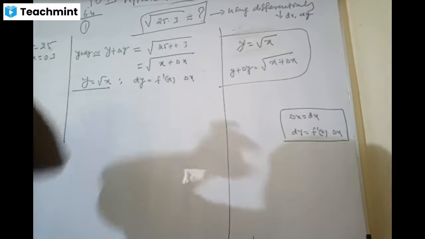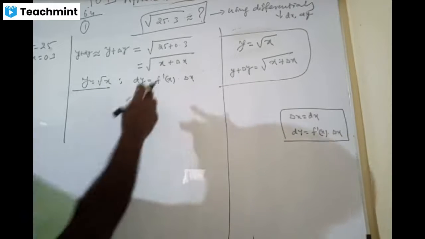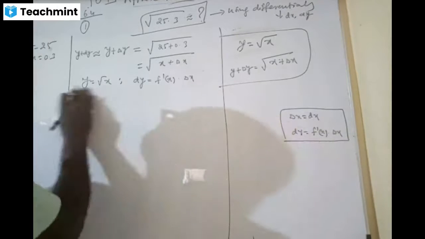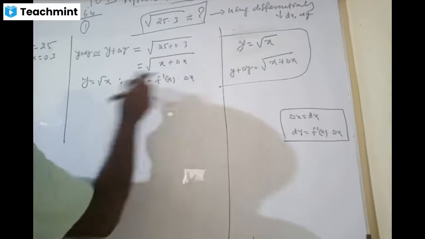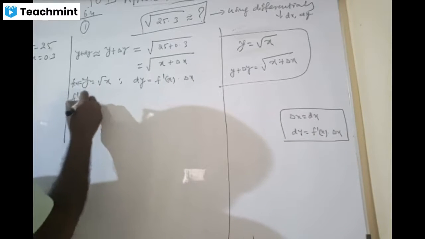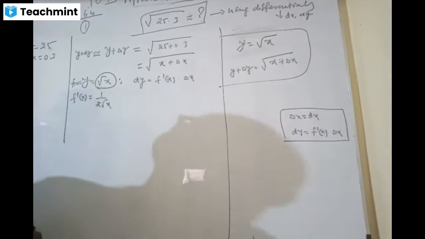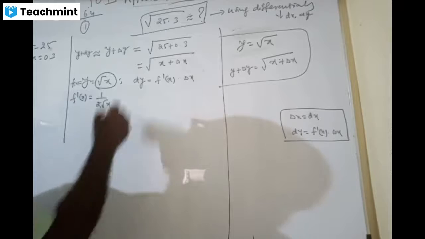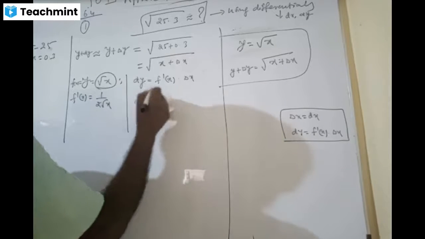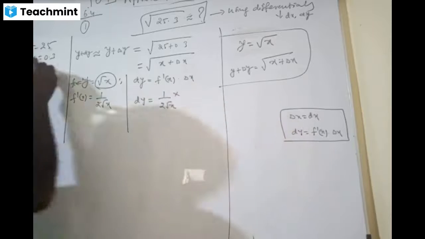See, y equals f of x. So f dash x equals what? The derivative of root x is 1 by 2 root x. And dy is nothing but f dash x, which means 1 by 2 root x. What about delta x?